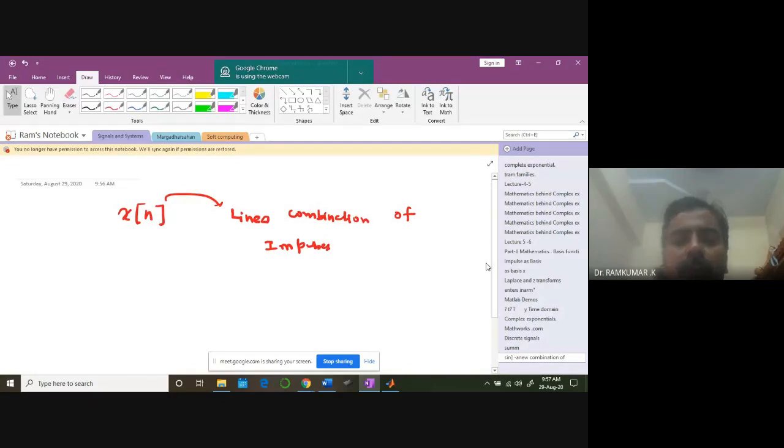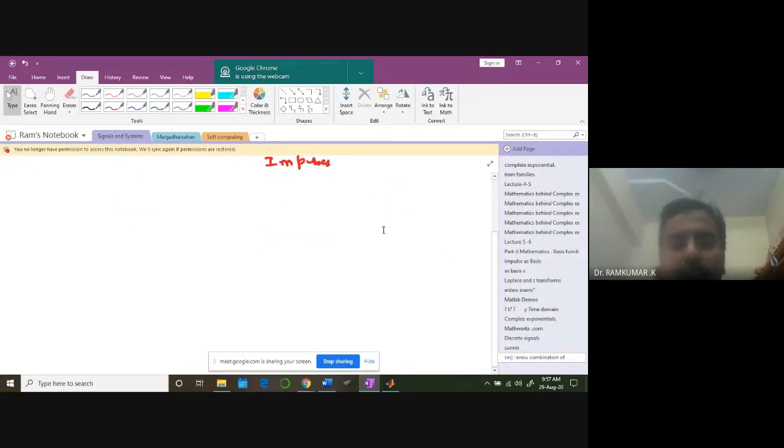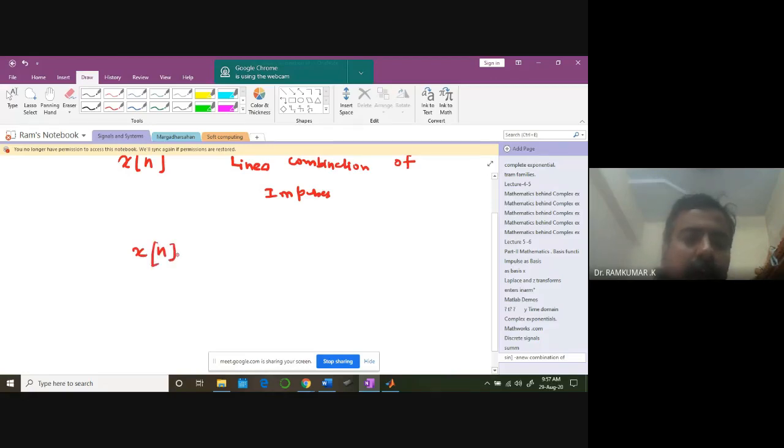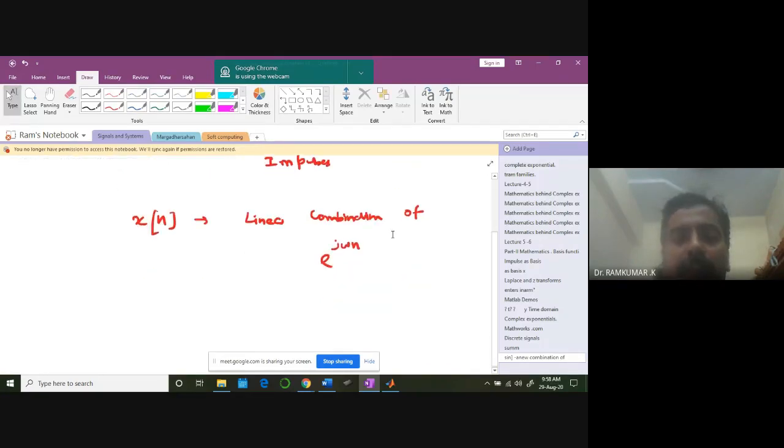This is something I told you in the last class. Likewise, how can you represent x of n as a linear combination of the other basis signal? What is that? e to the j omega n. Remember that.